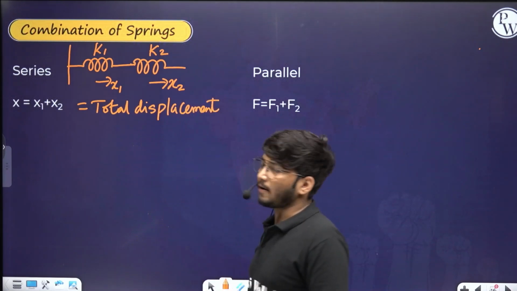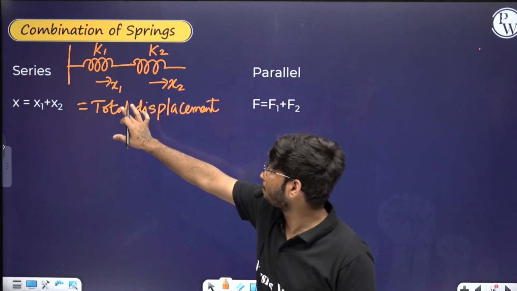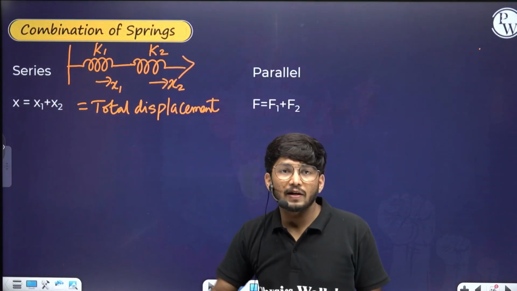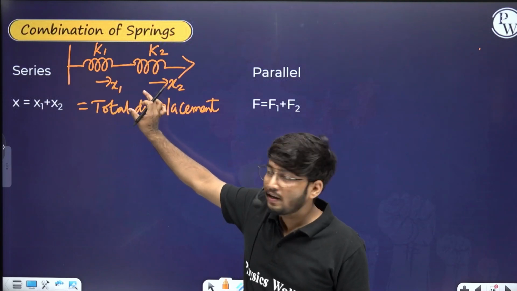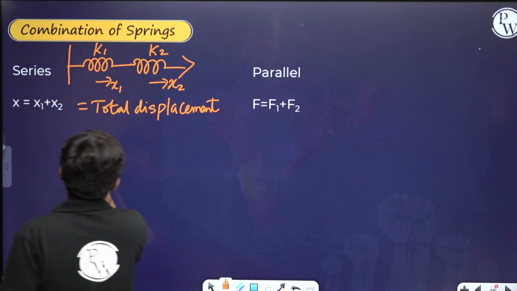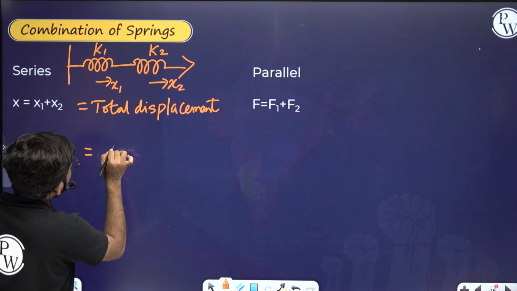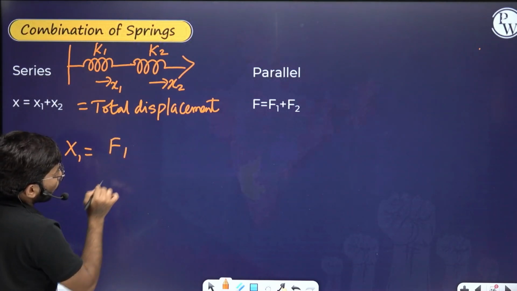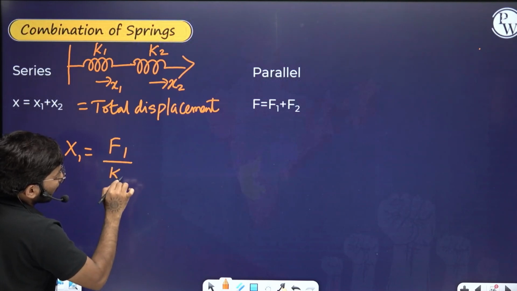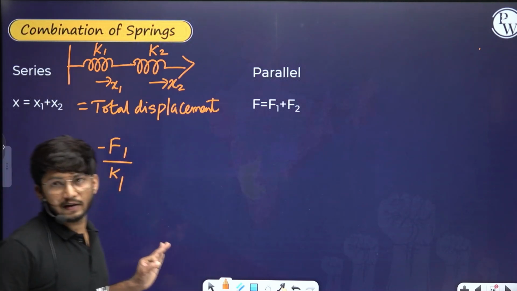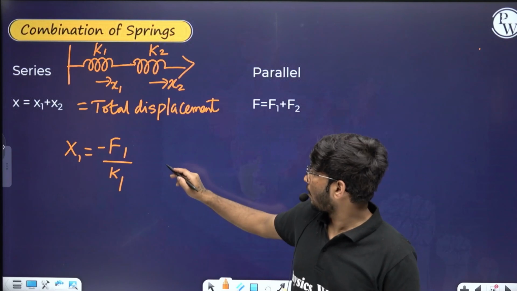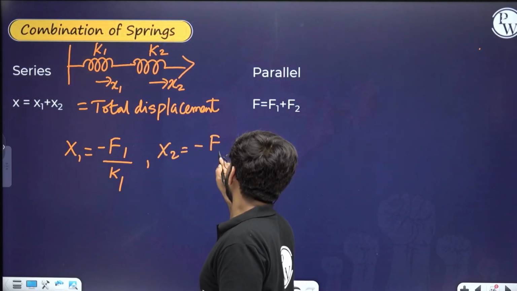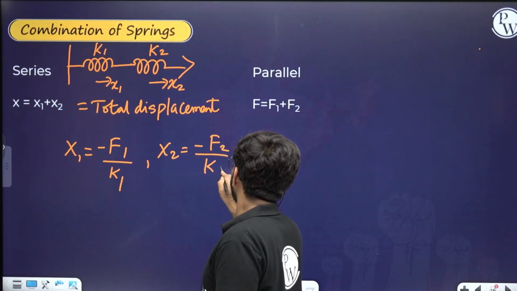Here this x1, when I applied some force, that restoring force in it, which is F, x1 is that restoring force F1 divided by k1 but with negative sign, and x2 is going to be minus F2 divided by k2.